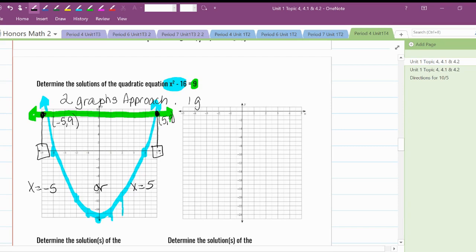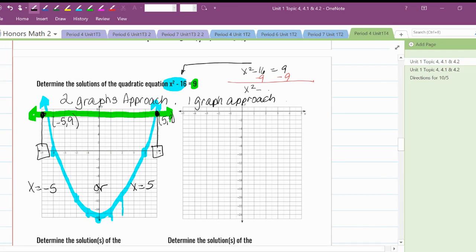Now, the one graph approach requires a transformation. We are going to transform x squared minus 16 by translating it down 9 units.